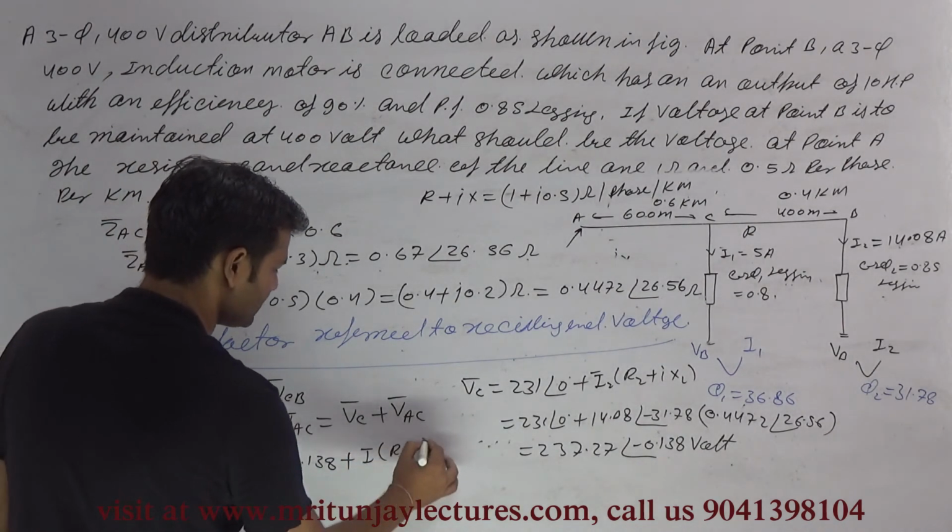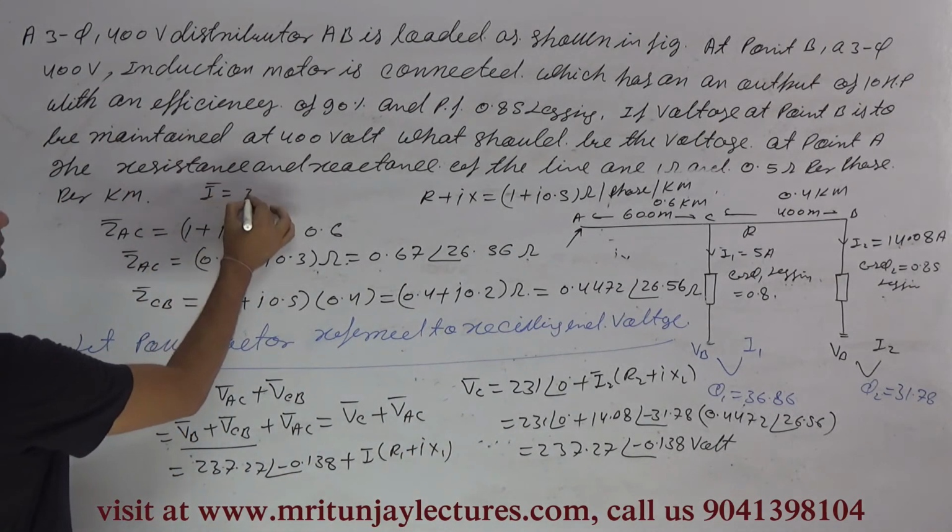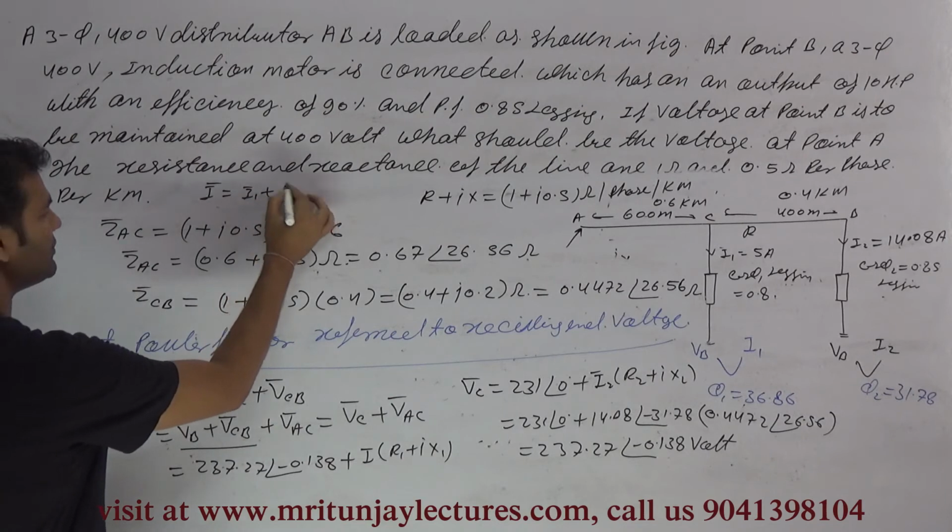V of AC is I into (R1 + jX1), where I is I1 plus I2.